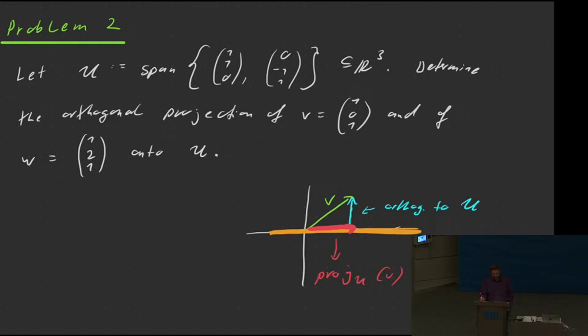Quick question, who's done with the orthogonal projection of V already? Just V? One, okay.